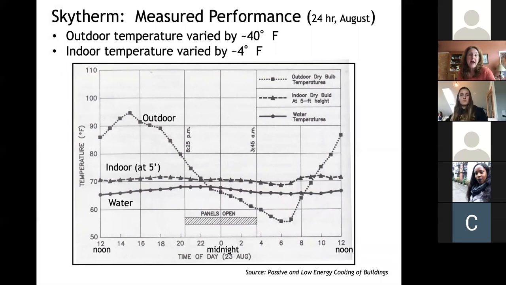You can see the outdoor temperature swing getting over 90 degrees during the day, and down into the 50s at night. And look at the indoor temperature, almost constant at 70 degrees all day long. So thermally, it's admittedly a pretty amazing system, even though it is not very common.